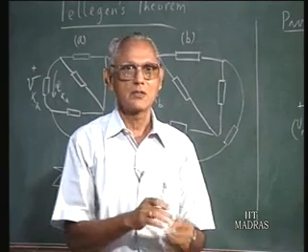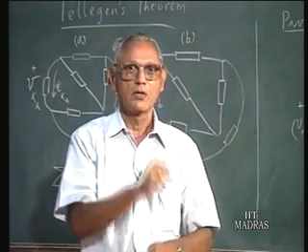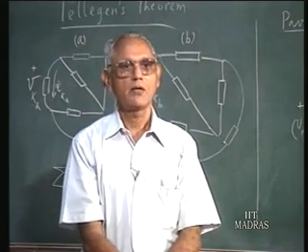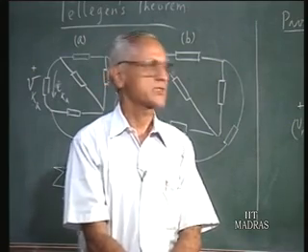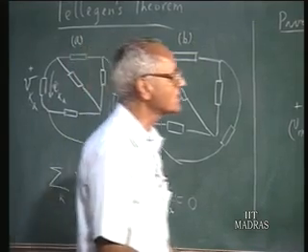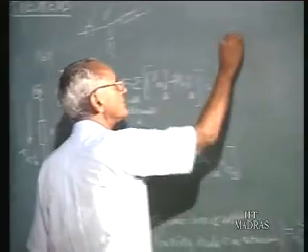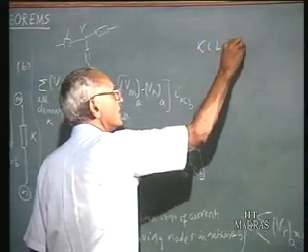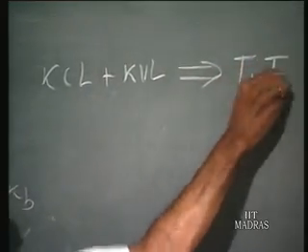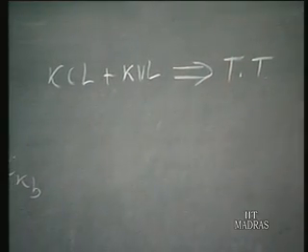So when we say a particular node voltage is a definite value, then we assume that Kirchhoff's voltage law is valid. That is very important, and that is what we have assumed. So in a sense, Kirchhoff's current law plus Kirchhoff's voltage law have been used to deduce Tellegen's theorem.